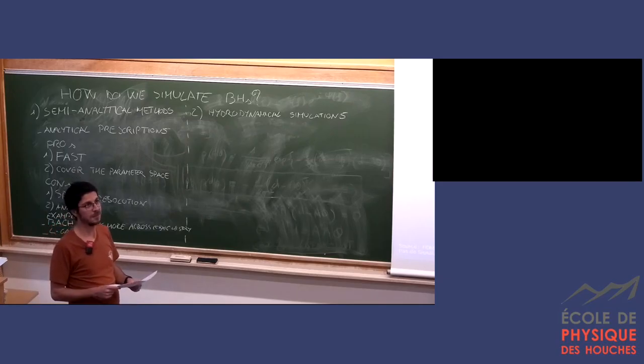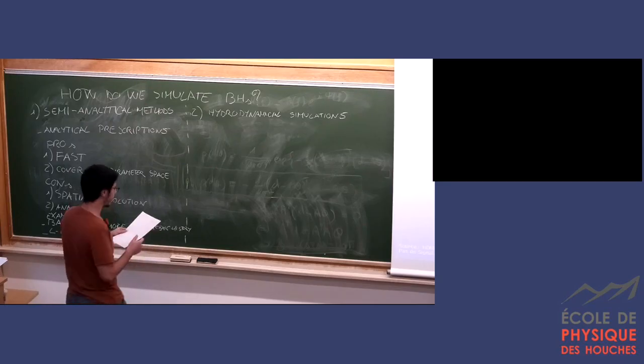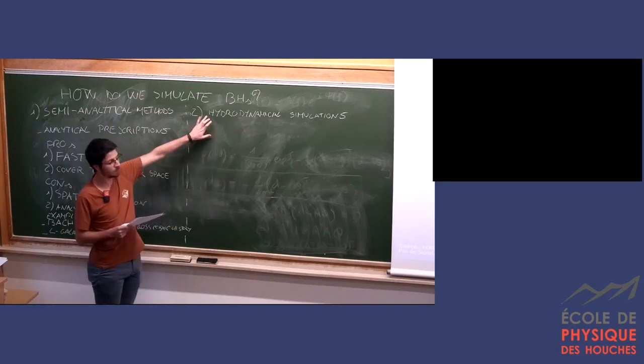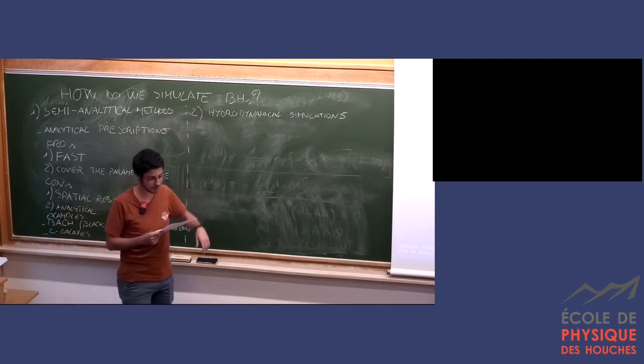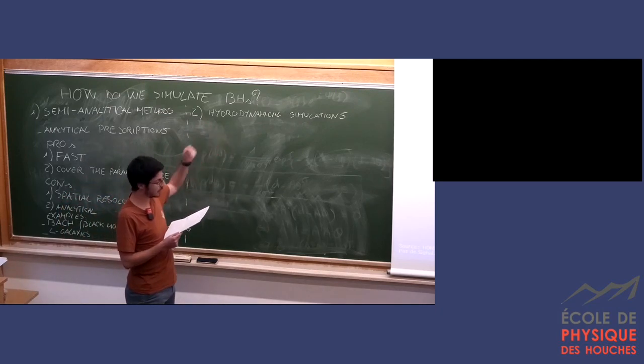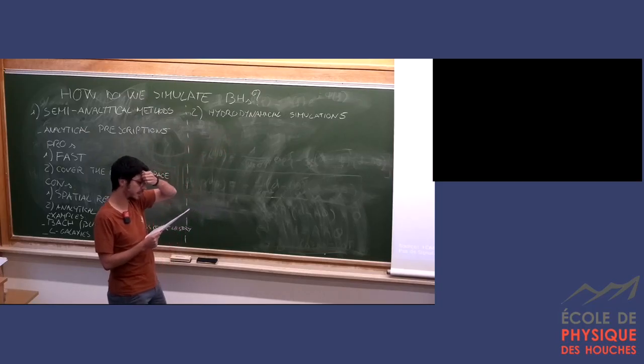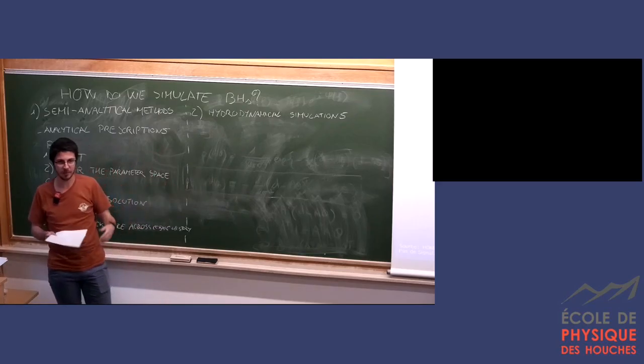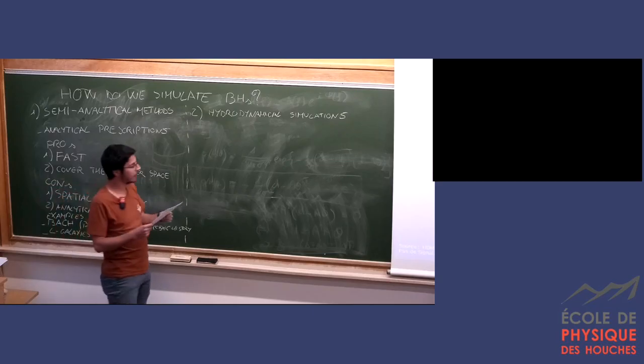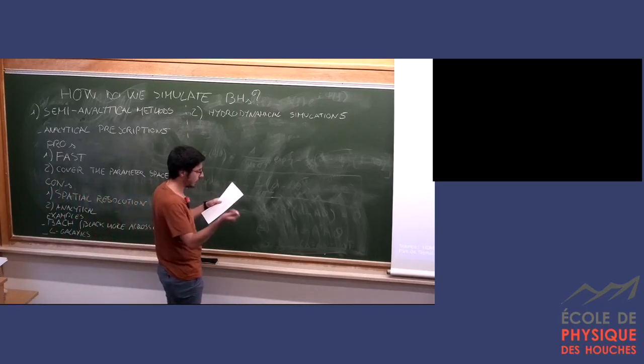So, let's move to the second approach. And indeed, as you see, it is what people call hydrodynamical simulation. This is actually the more intuitive way that you might have of how we simulate the universe.